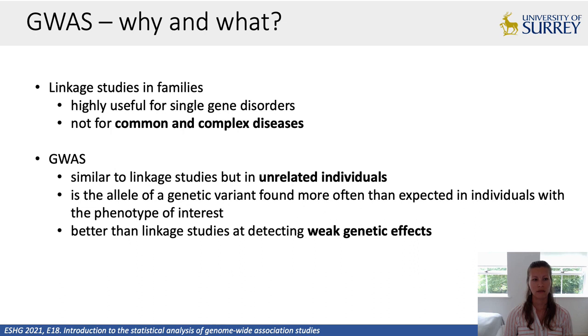In that, we are also looking at the whole genome and looking if the allele of a genetic variant is found more often than expected in individuals with the phenotype of interest. And as said, they are better than linkage studies at detecting weak genetic effects.